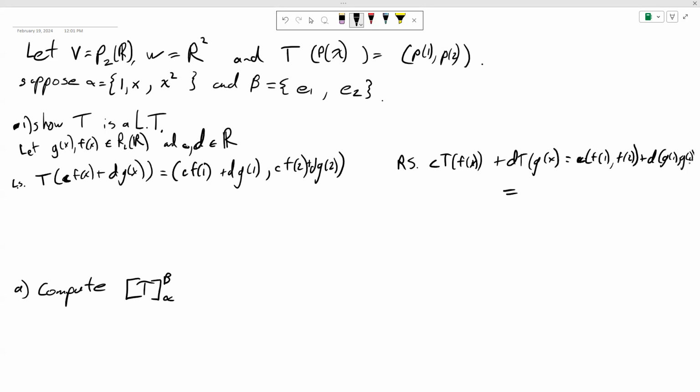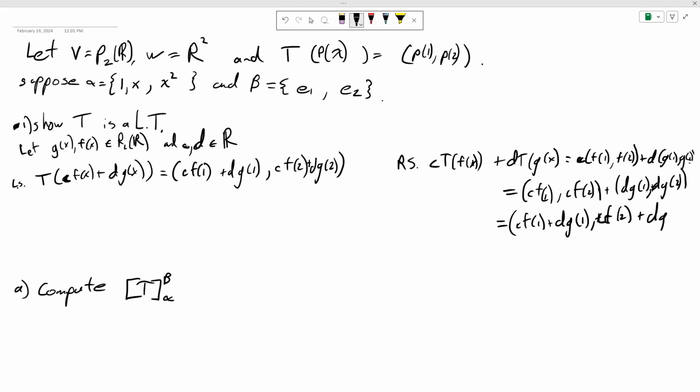Which is equal to (c f(1), c f(2)) plus (d g(1), d g(2)). Adding these two together, we get (c f(1) + d g(1), c f(2) + d g(2)).